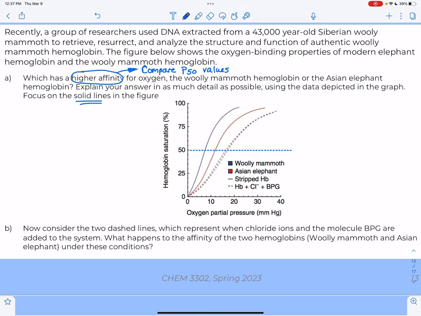First we're going to look at the woolly mammoth, so we'll do that in blue. When we go on the x-axis to find out what the partial pressure of oxygen is, we find that the woolly mammoth P50 is about 6 millimeters of mercury. This is a pressure.